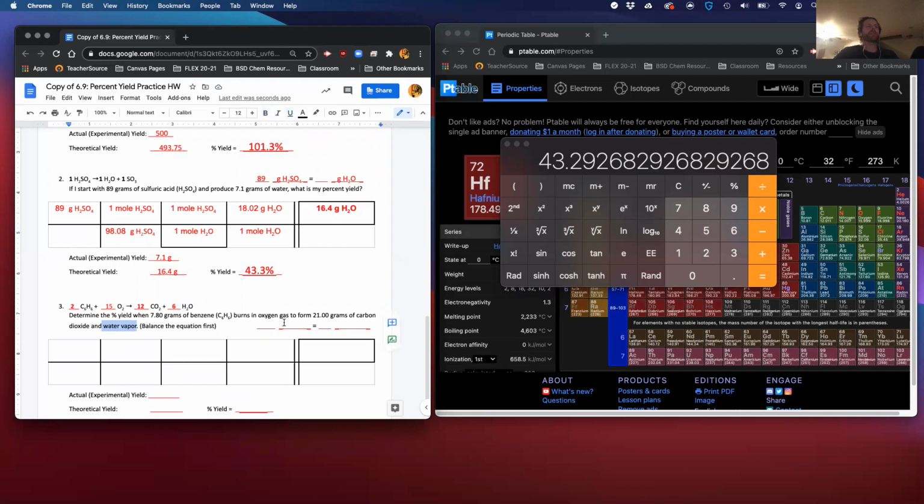So this one sounds a little confusing. We only know that there's 21 grams of carbon dioxide, and that's what we're going to compare it to. So we need to figure out how many grams, theoretically, of carbon dioxide.